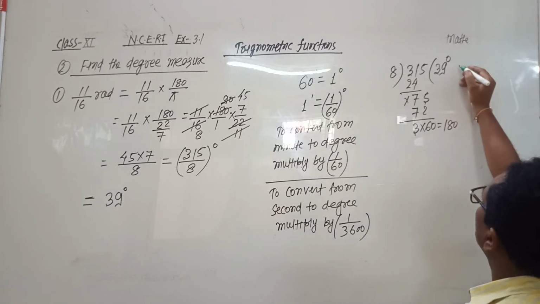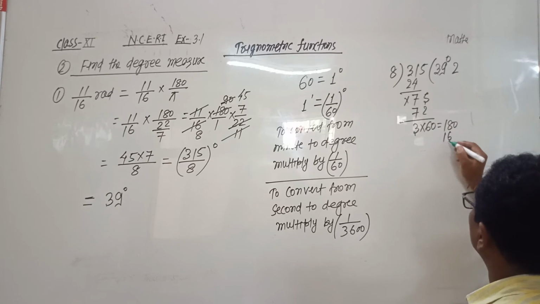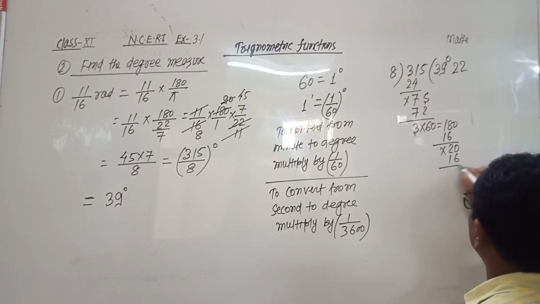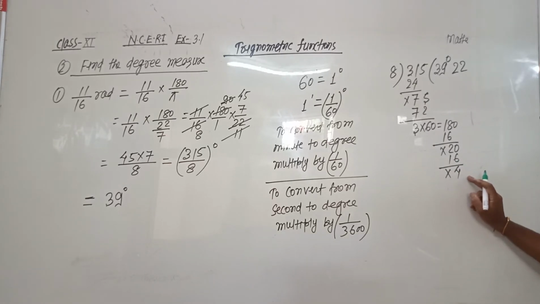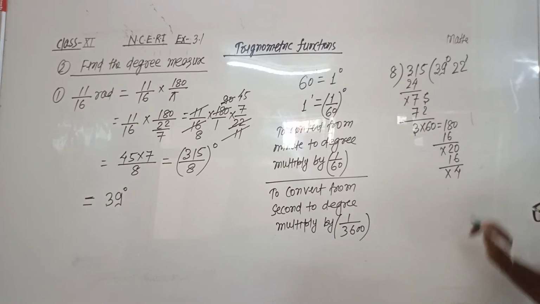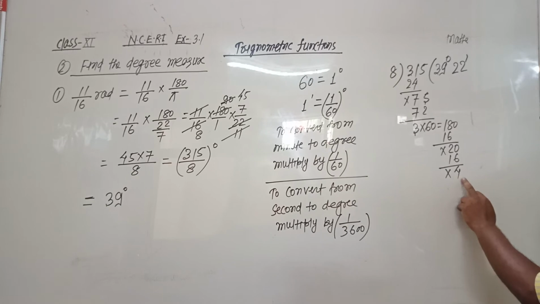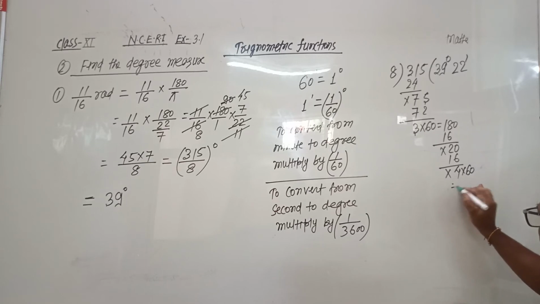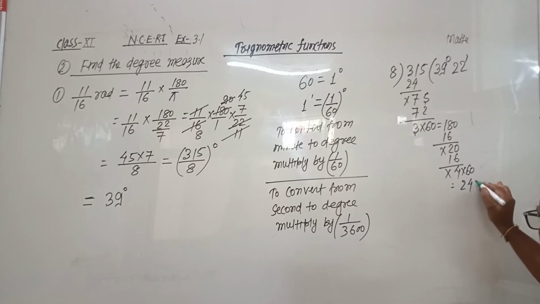Now divide again. 8 twos are 16, 2 carry, it comes 0. Then again 8 twos are 16. The remainder comes to be 4. Now the remainder is in minute. Then we convert this minute into second. And to convert from minute into second, we will have to again multiply by 60.